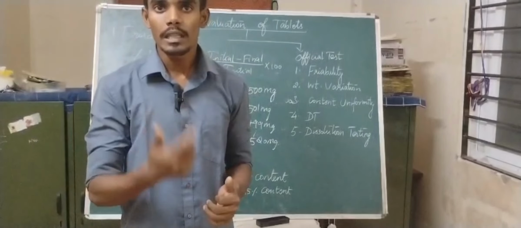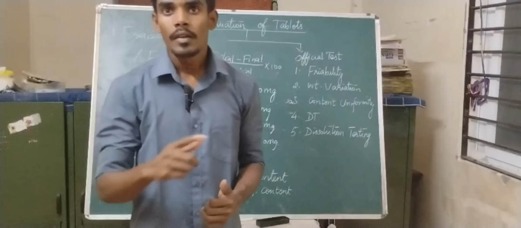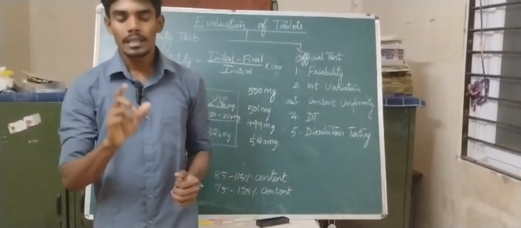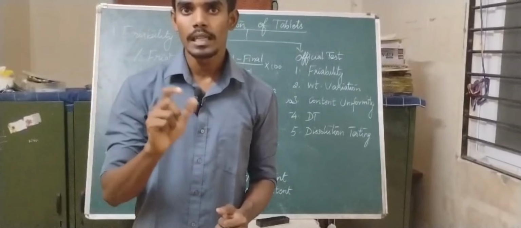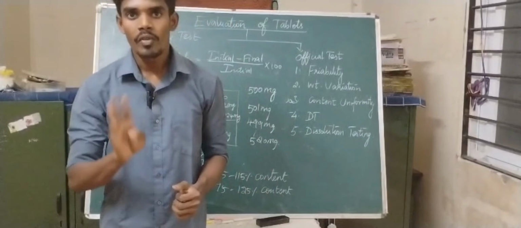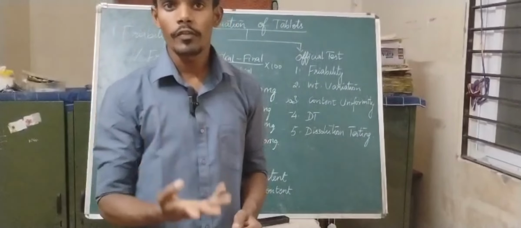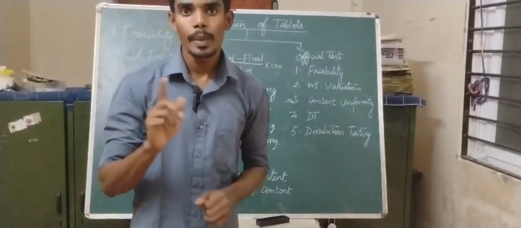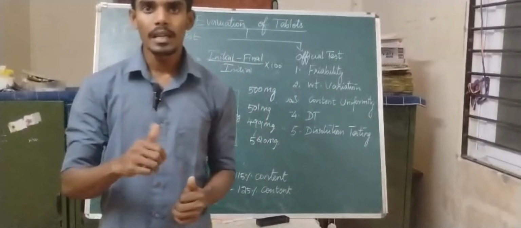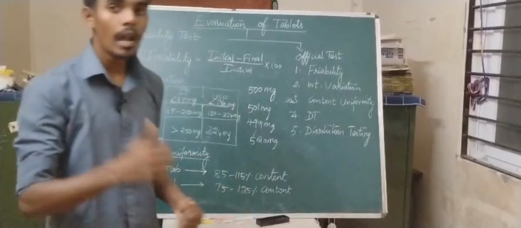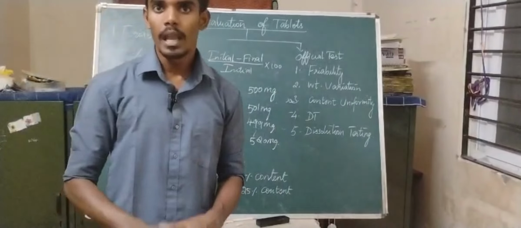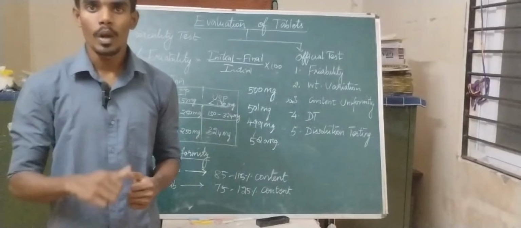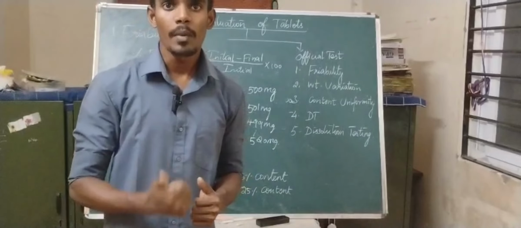So we have to set the speed and then the time for the friability testing. The speed is 25 rpm for 4 minutes, so 25 into 4, that is 100 revolutions. The acceptance criteria of the friability is not more than 1% as per the IP, and not more than 0.5 to 1% for the USP.